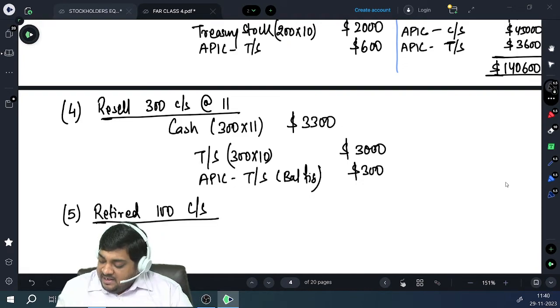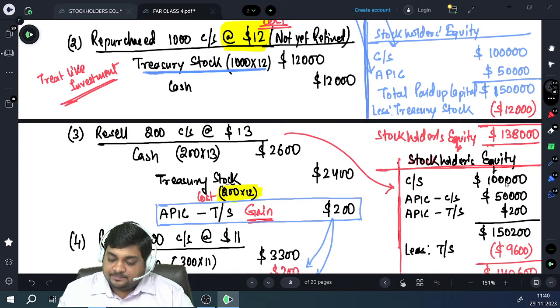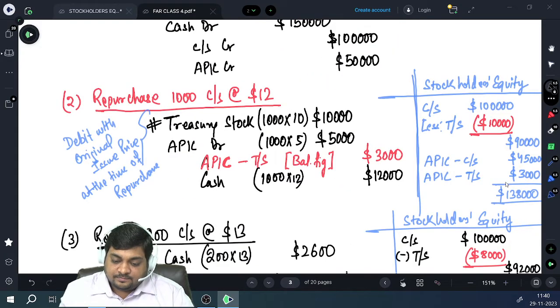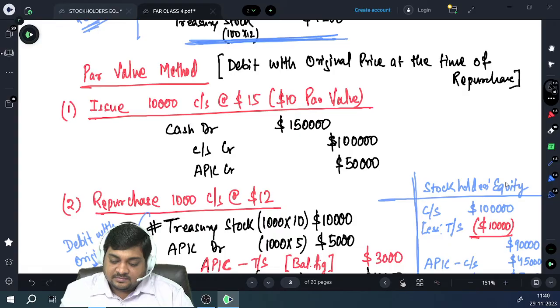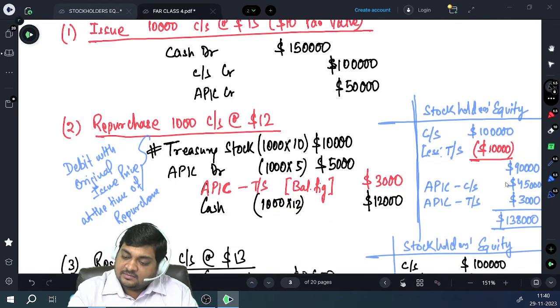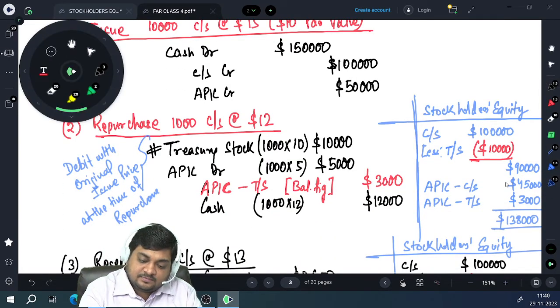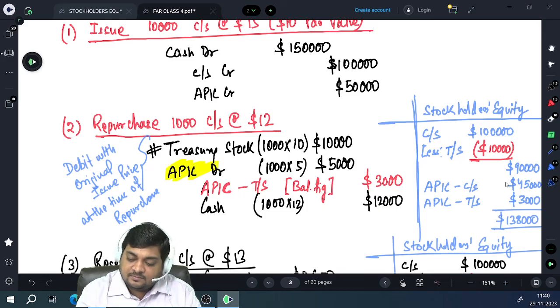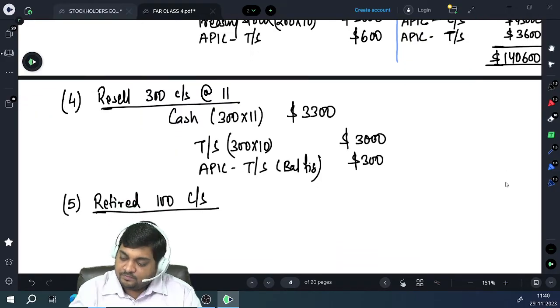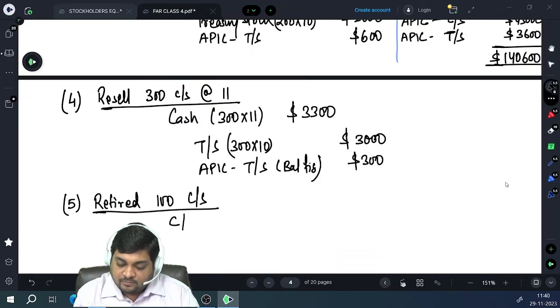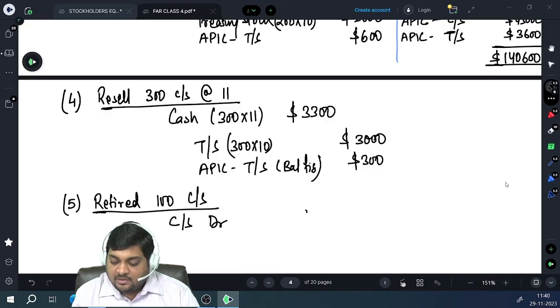Now additional paid in capital is already debited at the time of repurchase, right? So the only journal entry will now be common stock debit.